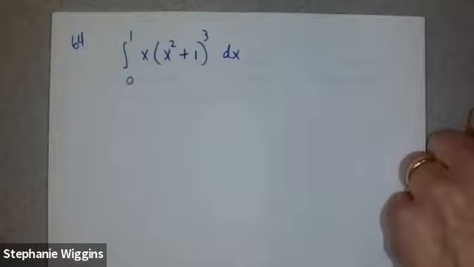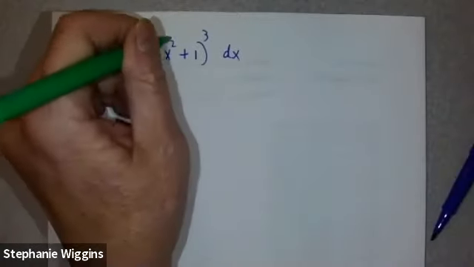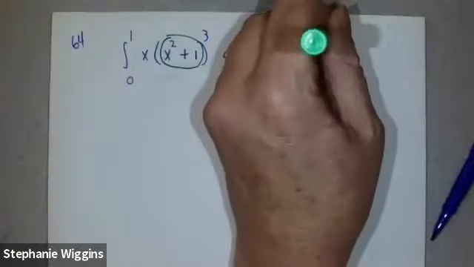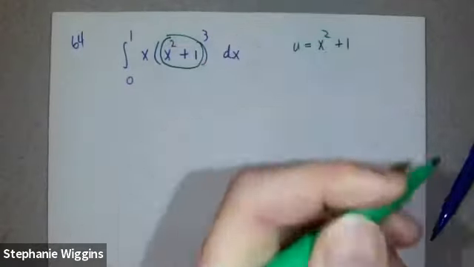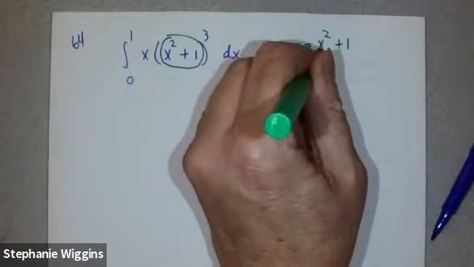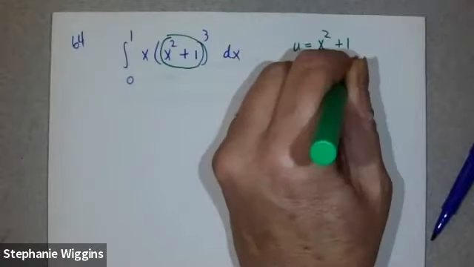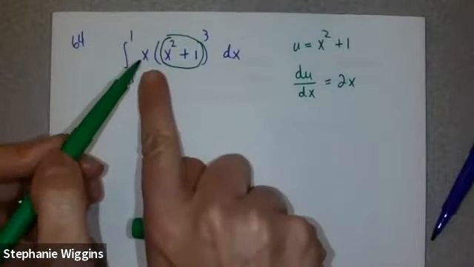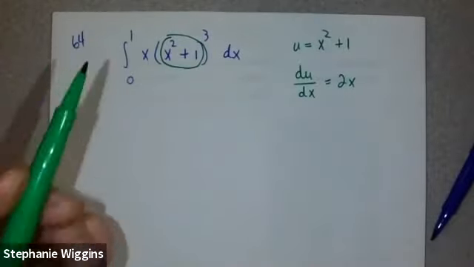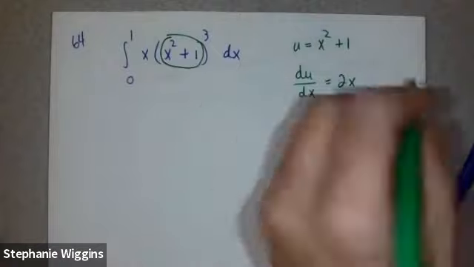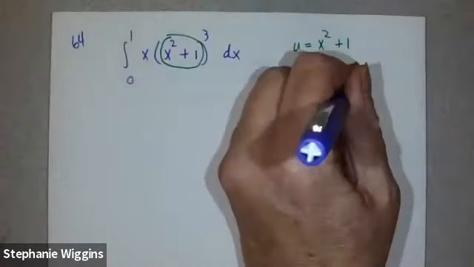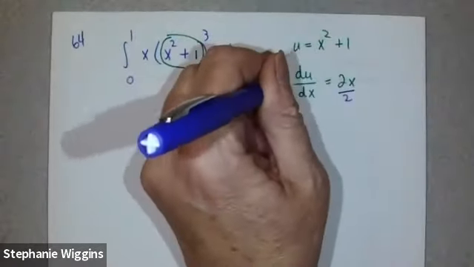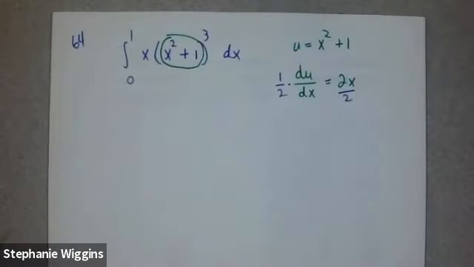So this is an obvious candidate for u substitution. Remember, you always set your u equal to what's inside. So u equals x squared plus 1. Then when you take the derivative, du/dx equals 2x. Remember how I said we don't have a 2? I just want plain old x, so I'm going to divide both sides of the equation by 2.